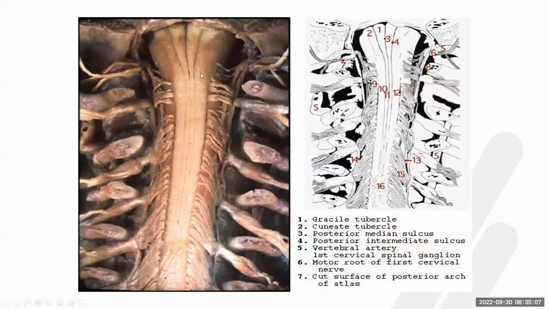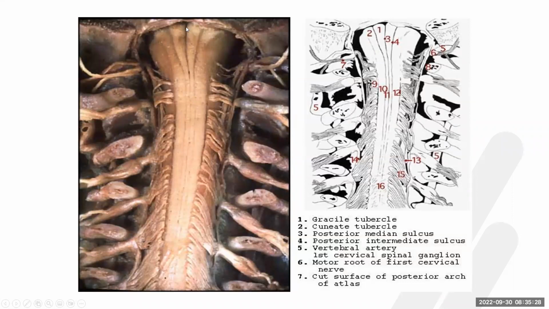There you can see them very clearly. The posterior surface has two tubercles. On the outer side, they call it the cuneate tubercle, and then we have the gracile tubercle.